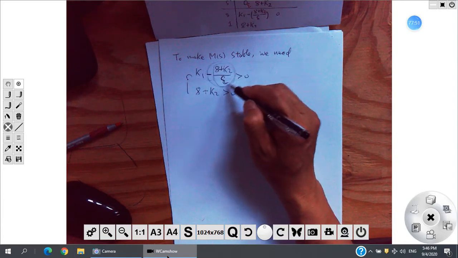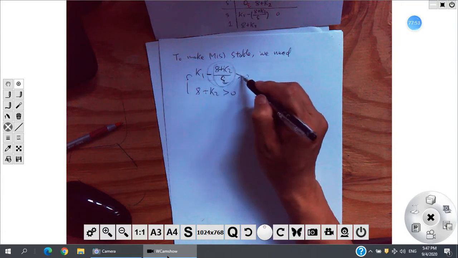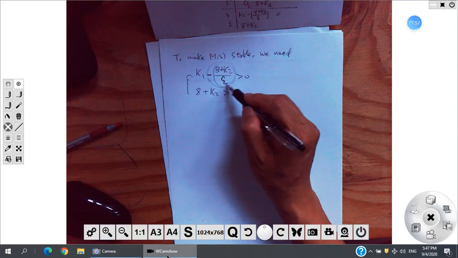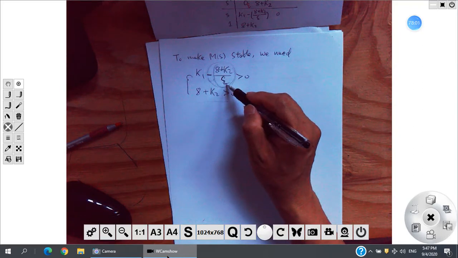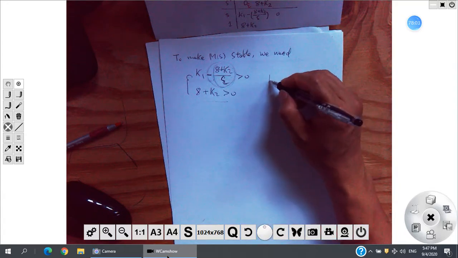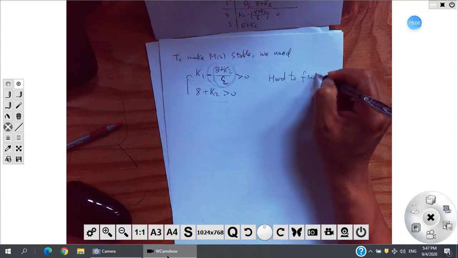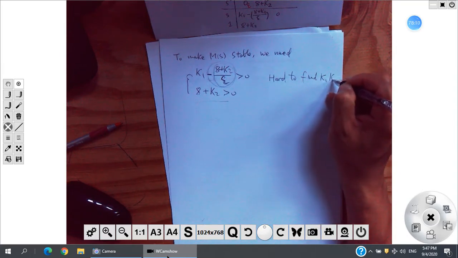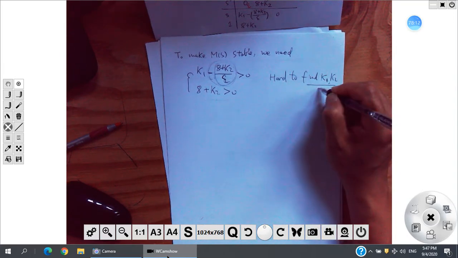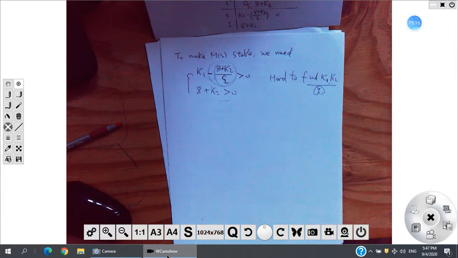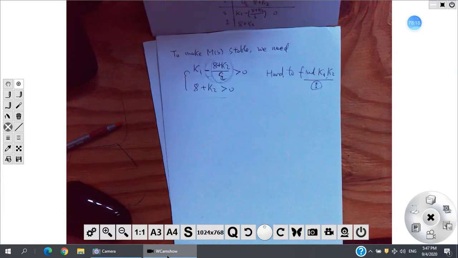This part is hard to make positive. So it's hard to find K1, K2. Okay, this is not a good example. It is an example to explain the problem, but for this example it is hard to find the parameters.